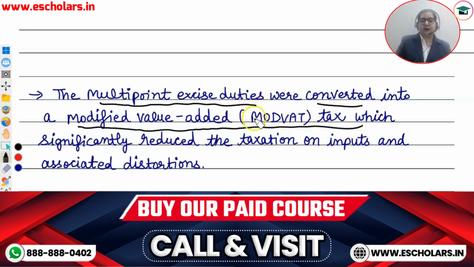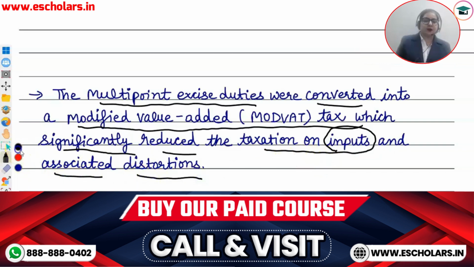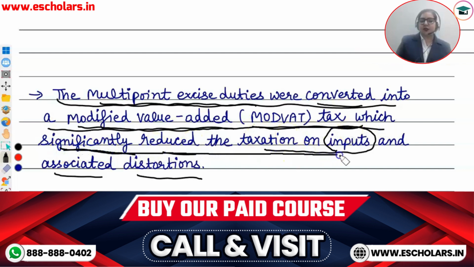Okay, which is represented by MOD-VAT, which significantly reduces the taxation on inputs, that is the taxation on raw materials and associated distortions. So let's recall it. The multi-point excise duties were converted into a modified value added, that is MOD-VAT tax, which significantly reduced the taxation on inputs and associated distortions.